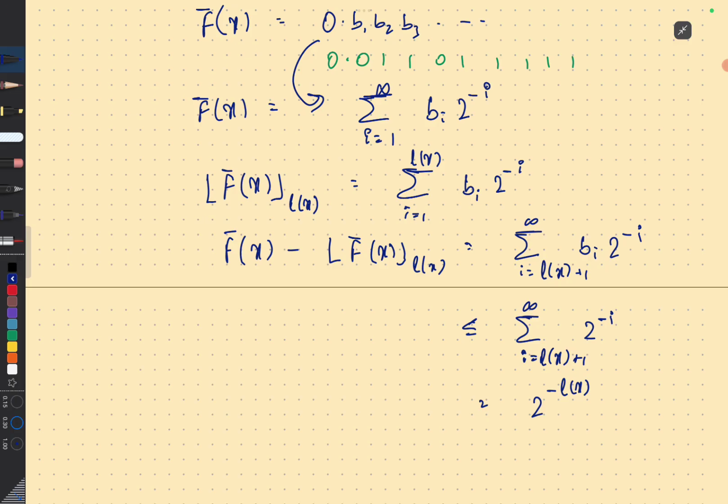So what we've basically shown is that if we truncate f bar of x to L of x bits, then for any x not equal to x prime, we have f bar of x prime truncated to L of x prime bits minus f bar of x truncated to L of x bits being strictly greater than 1 over 2 to the L of x.